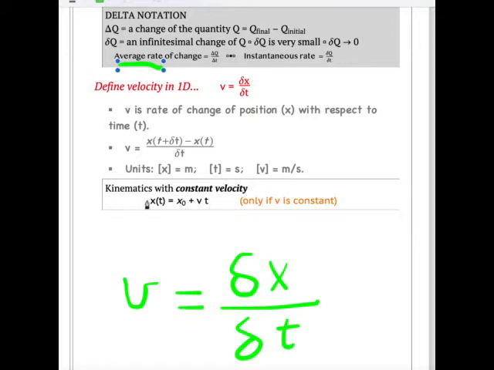So this is the equation for position as a function of time, but that's only if v is constant. Say you're moving at 30 miles an hour. Well, then in 1 hour you'd move 30 miles. In a half an hour you'd move 15 miles. You'd move 30 miles per hour times the time in hours.